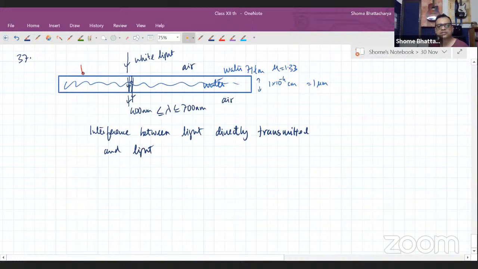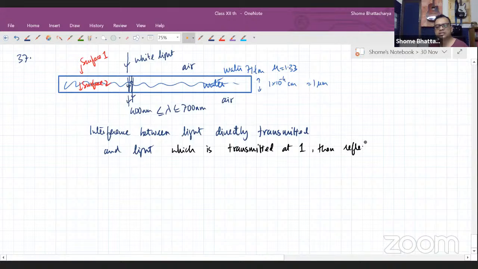So if we take this as a surface 1 and this as a surface 2, so light which is transmitted at surface 1, okay, then reflected at surface 2, and then again reflected at surface 1.